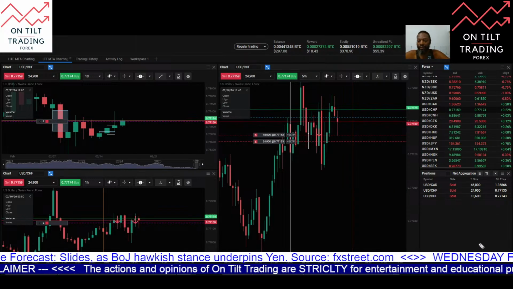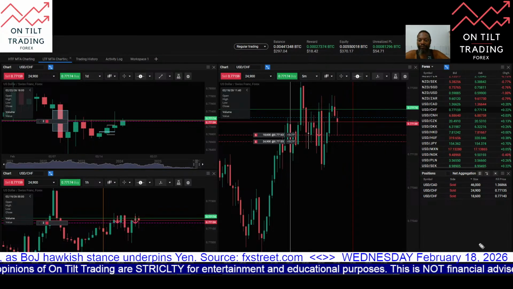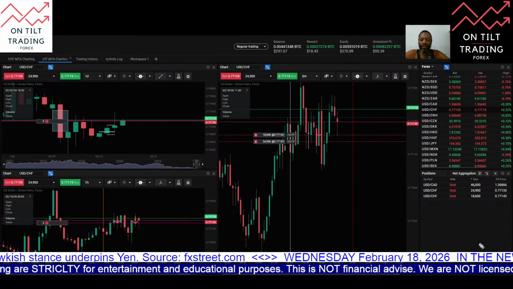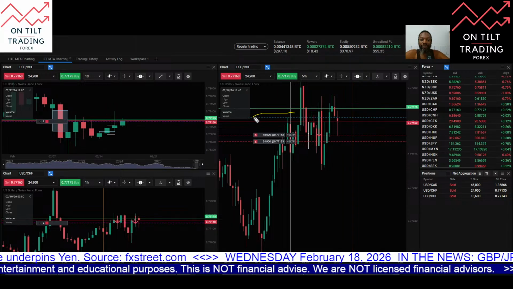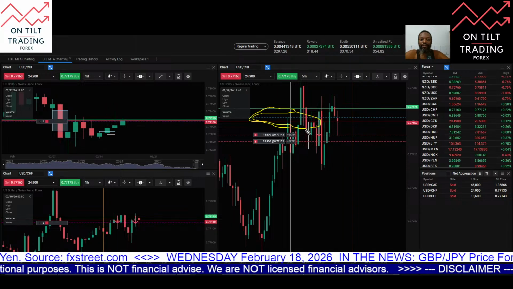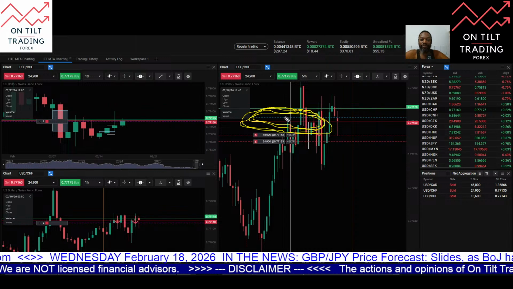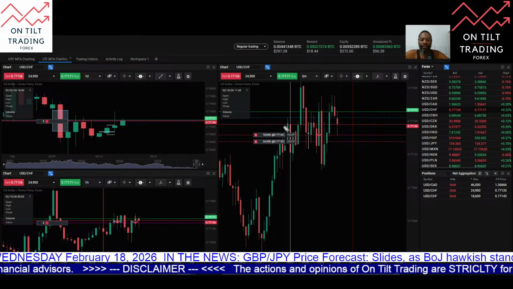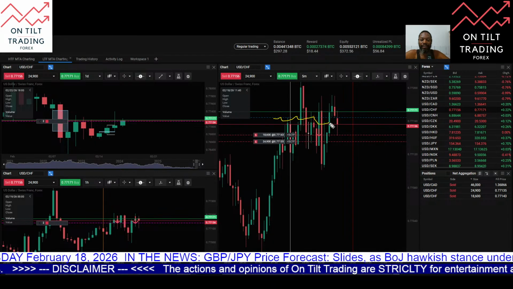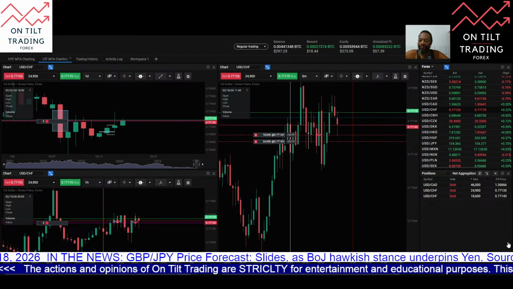See price return to sell side delivery for now. Price consolidating here at this level, which is the kill zone opening candle range high right here. You can see price also reacting here based off of this level.